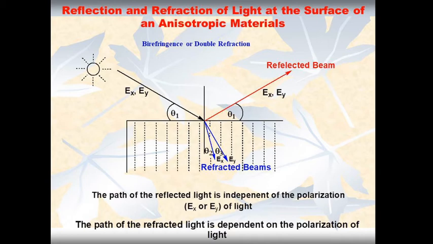As we know, light is made of electromagnetic radiation. It consists of Ex and Ey. Both the E ray and O ray travel with different velocities, which gives rise to two different refracted beams.